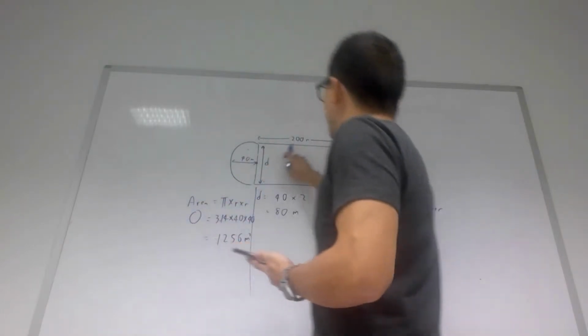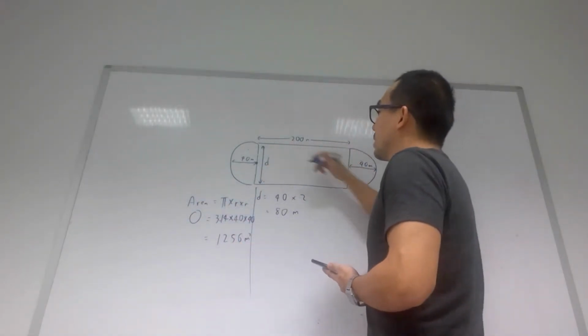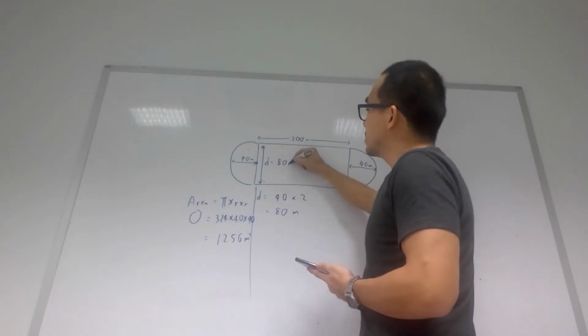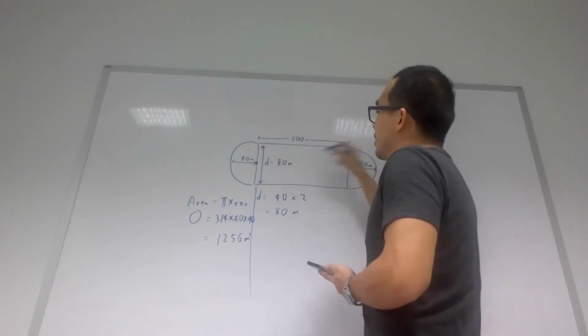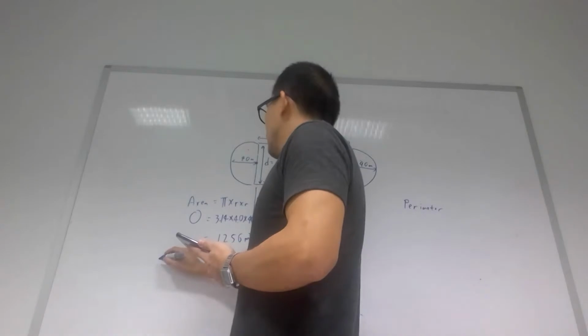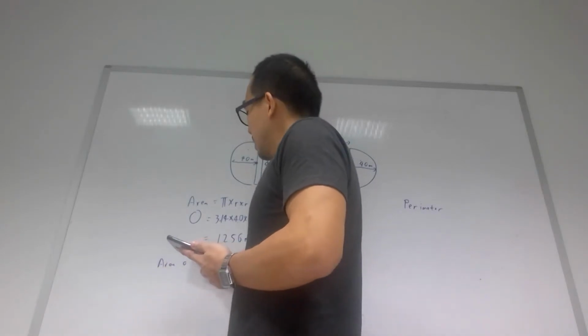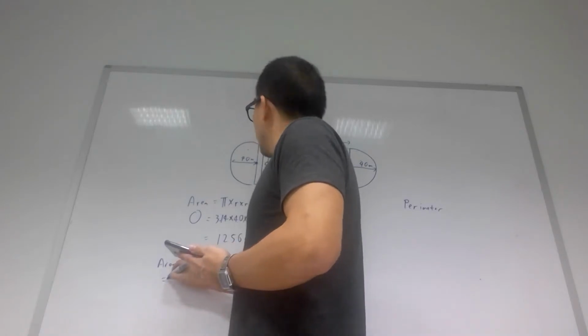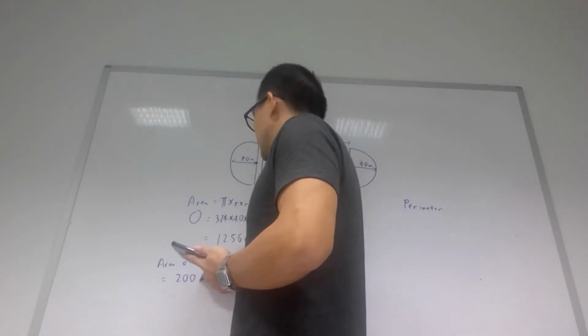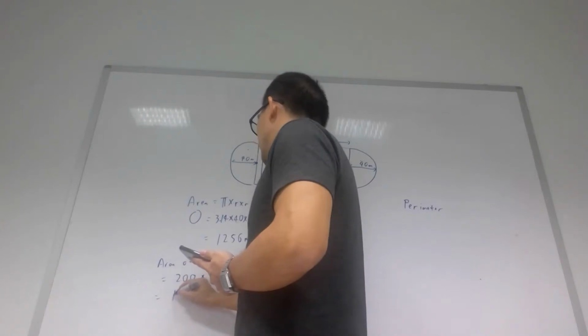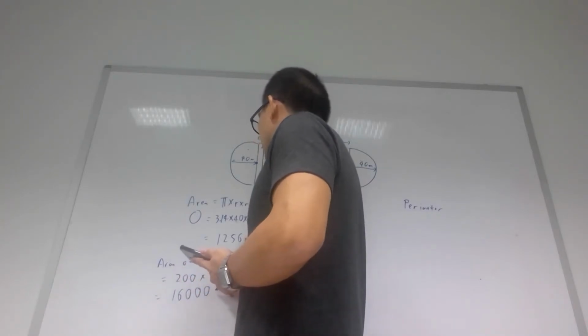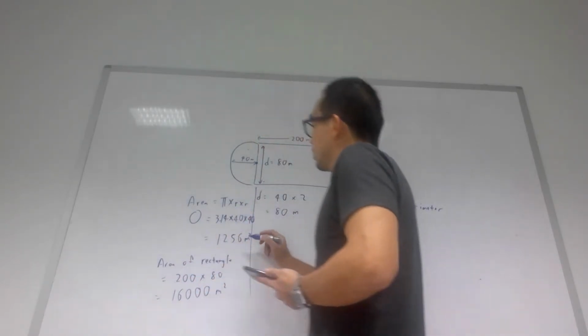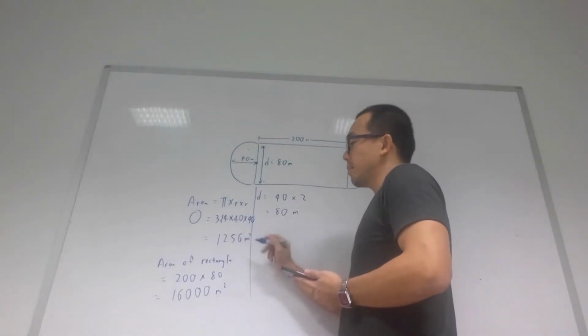Now what about the area of this rectangle? The length is 200 and the width is 80. So area of rectangle equals to 200 times 80, which is 16,000 square meters. And all you need to do for the area is just to add it up.